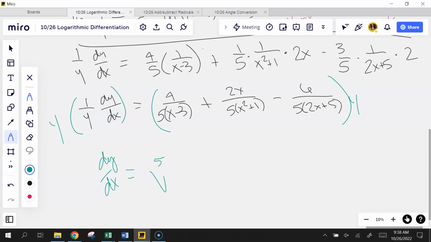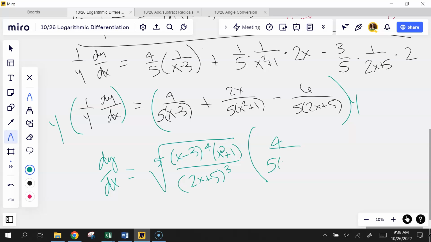The fifth root of, I'm just going to copy it straight, x minus 3 to the fourth, x squared plus 1 over 2x plus 5 to the third, times all of this. It's not really hard. It's a lot to write, but it's not really hard. Praying for those trigs now, aren't you? x to the 10x doesn't seem so bad when you do one like this.